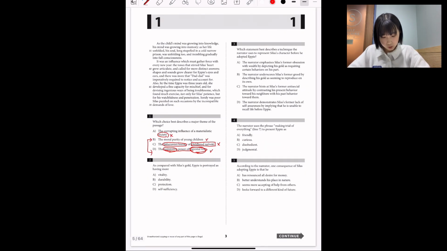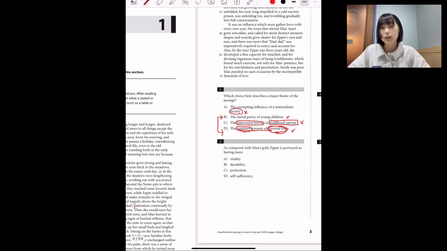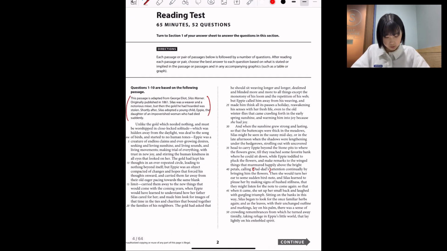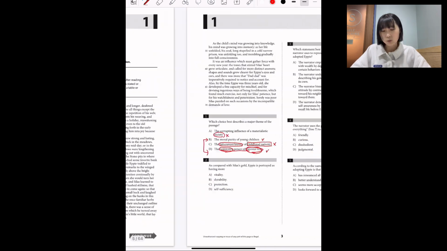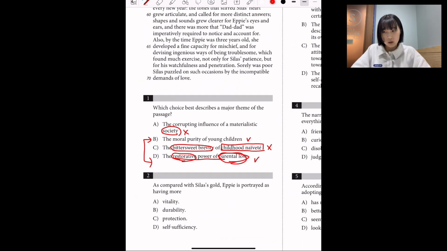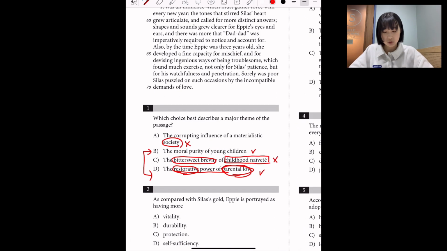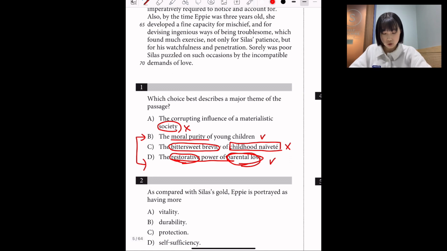But I'm not sure if the moral purity itself is the key concept here, because, as you know, with all literature, there needs to be some sort of argument or a key statement that the author is getting across, and it's also the case in SAT literature passages. So the moral purity of young children is kind of the two-dimensional theme, should I say, in this way.